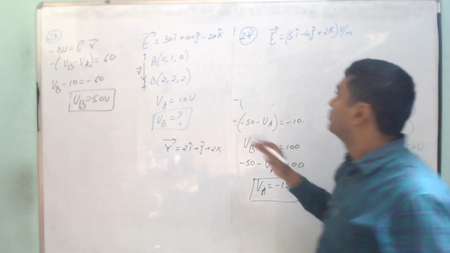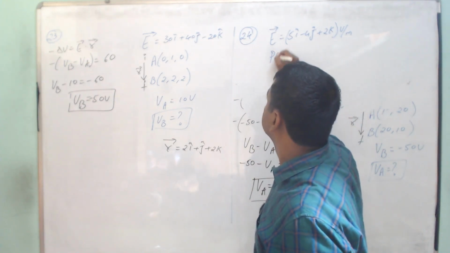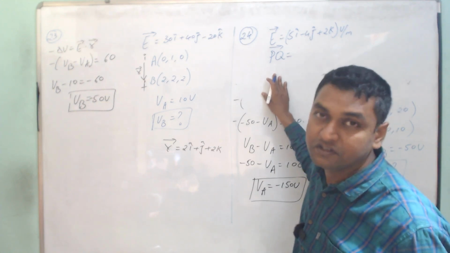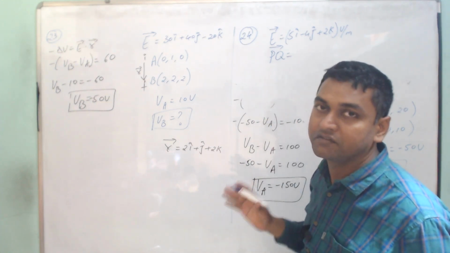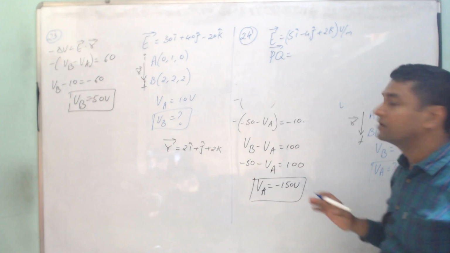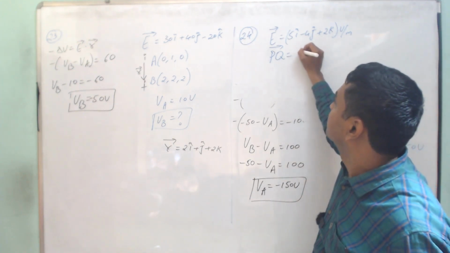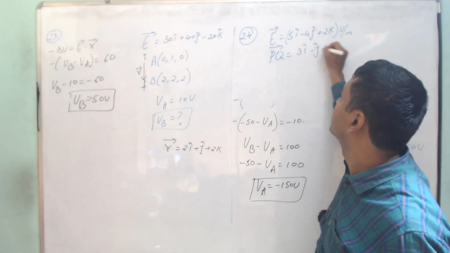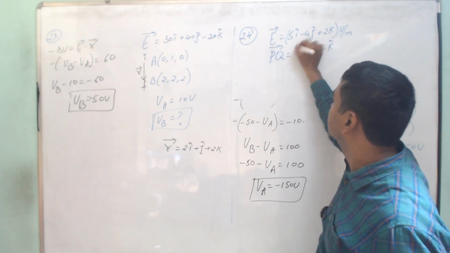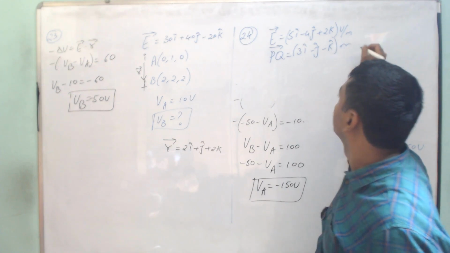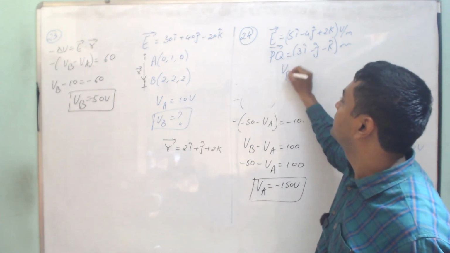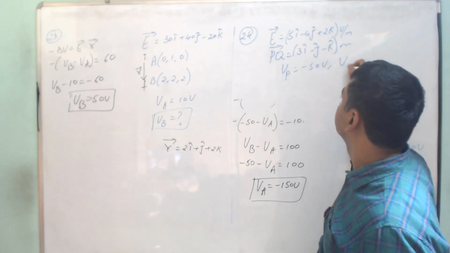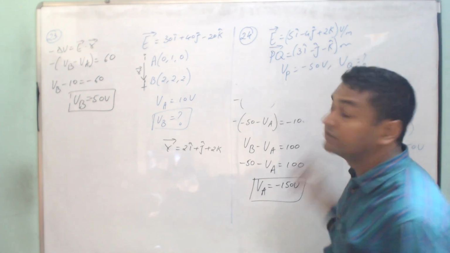A vector PQ bar is given, which is actually your R bar, but there is hidden information over here, which we should use in delta V. I am giving you a hint. A vector PQ bar is given as 3i cap minus j cap minus k cap meters. If potential at P is equal to minus 50 volt, find potential at Q. Don't make any mistake, solve it slowly.